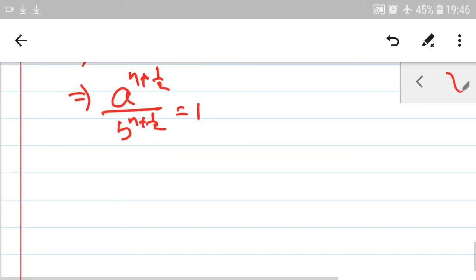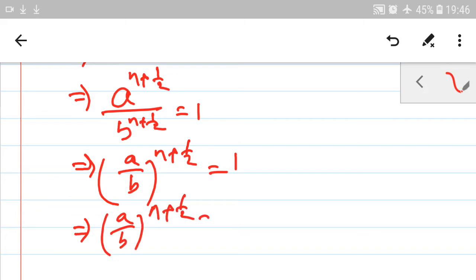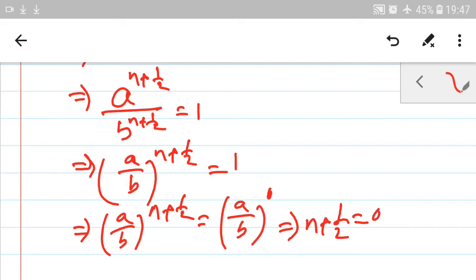Now A by B whole to the power n plus half is equal to 1, or A by B whole to the power n plus half is equal to A by B to the power 0. That means n plus half is equal to 0, and I get n equals minus half. So this is the final answer: n value will be minus half.